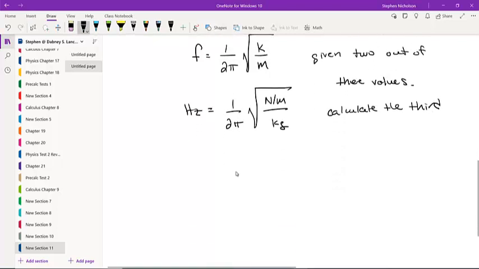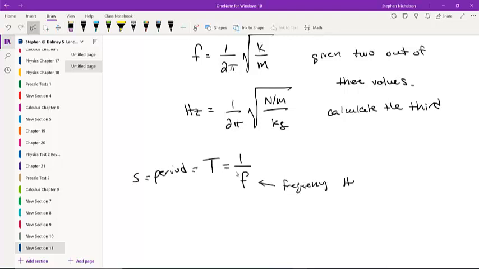The one last relationship is that the time it takes for one complete oscillation is 1 over the frequency. So this is your period in seconds, and this is your frequency in hertz.